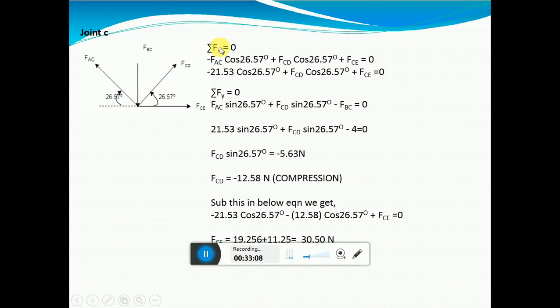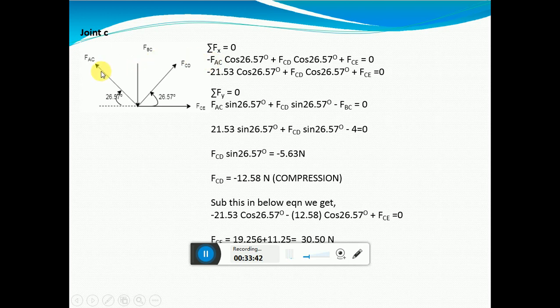Now apply summation Fx is equal to 0 for this figure. So you have FAC along the x-axis, minus FAC cos 26.57 degrees plus FCD cos 26.57 degrees. There is one more force in the x direction, FCE, equal to 0. FAC you have already found in the previous slide, 21.53.